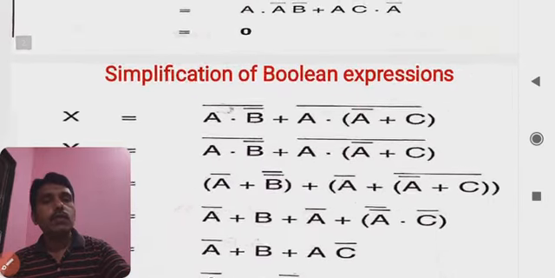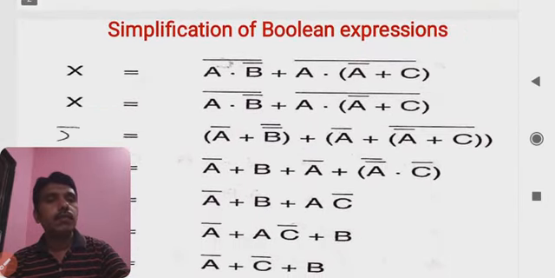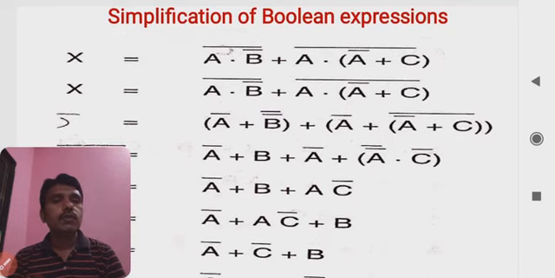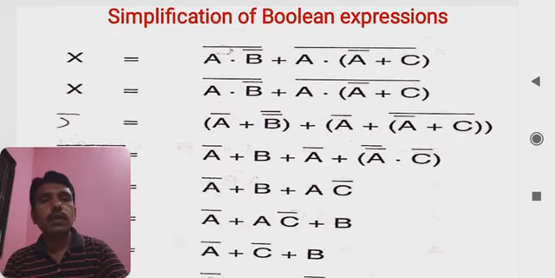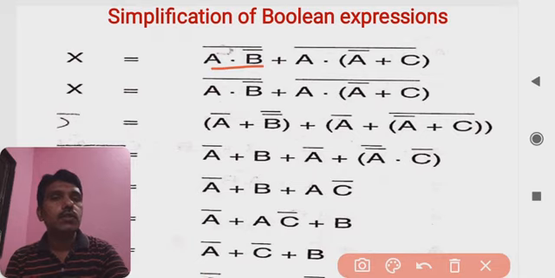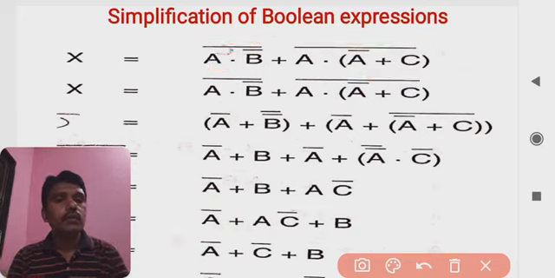Now let's see another simple example: X is equal to A and B complement, or A and A complement or C, whole complement. This is also a complement part. Again you can apply De Morgan's theorem.